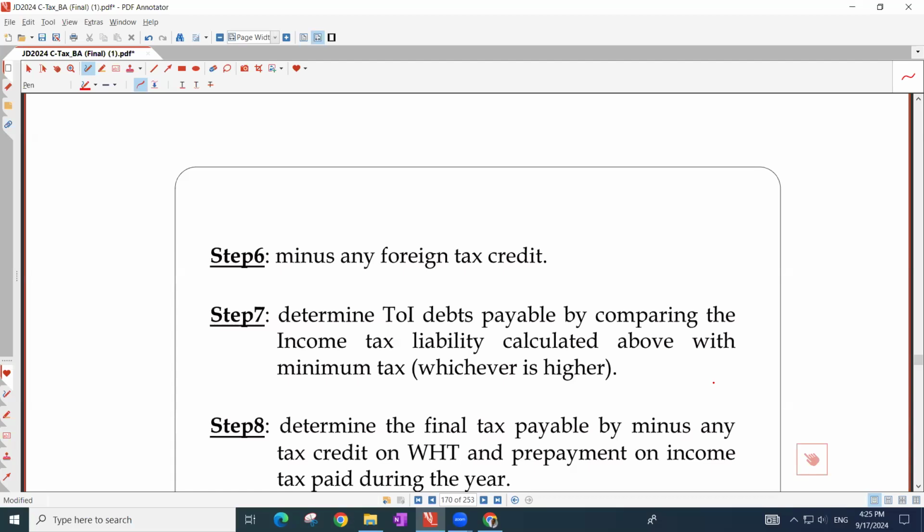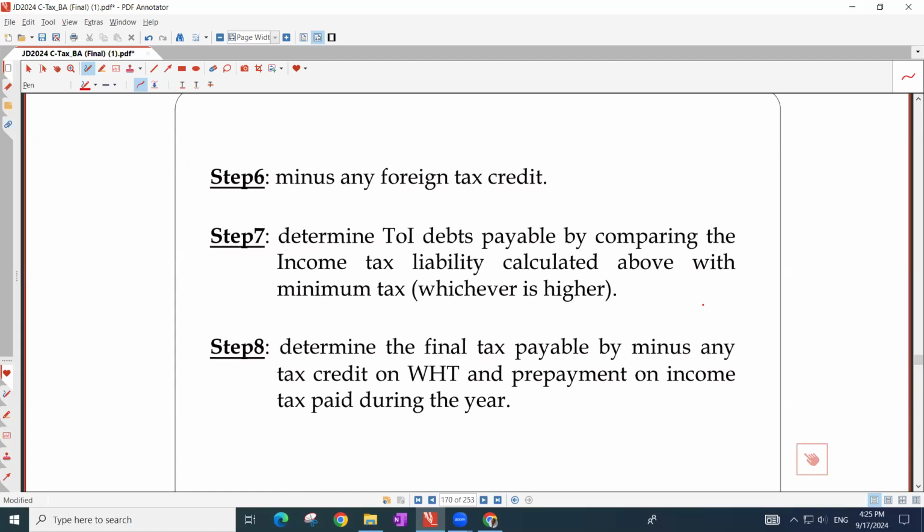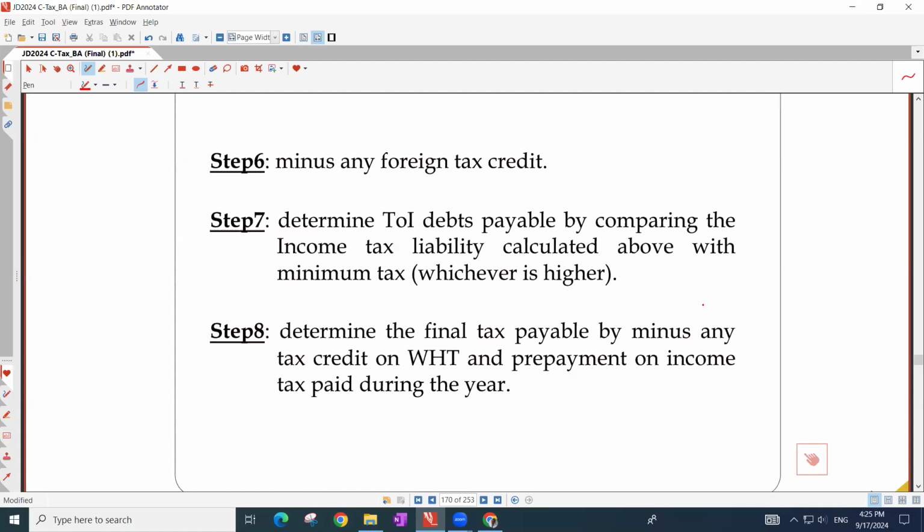Okay, the last one. Oh no, step 7, not the last. Identify the real TOI liability that you need to pay to the tax authority by comparing with the minimum tax. So we identify our final liability for this year by comparing with the minimum tax.